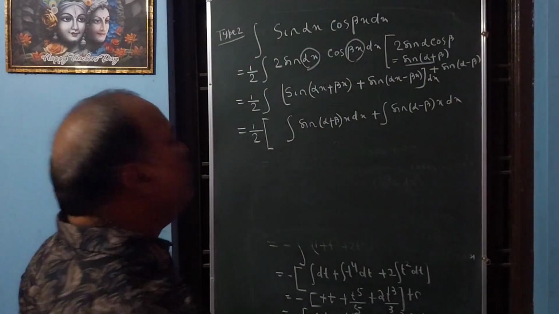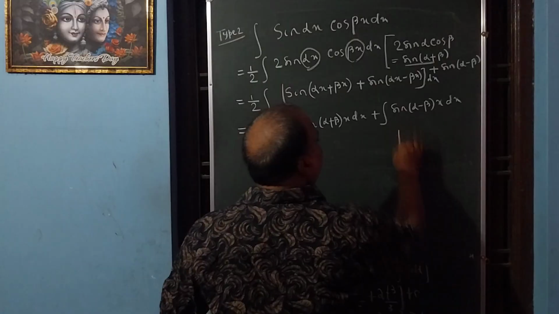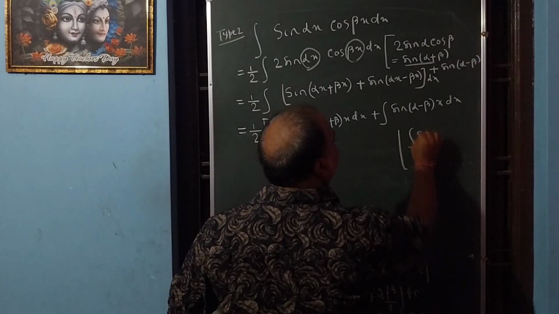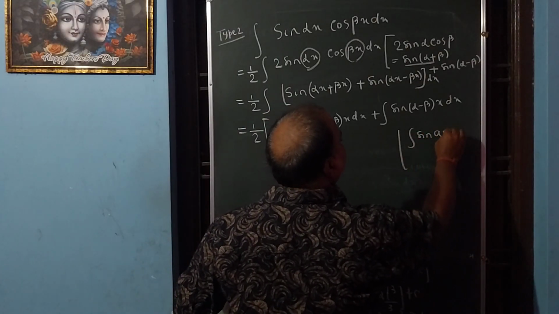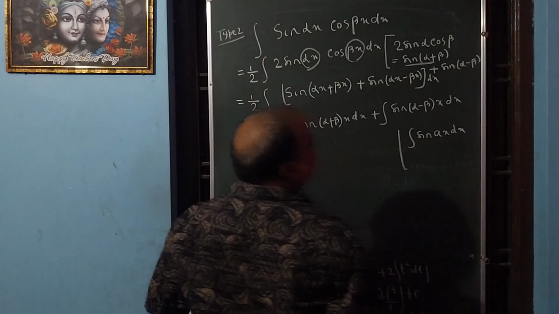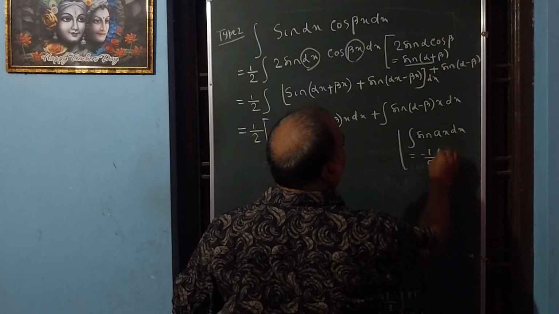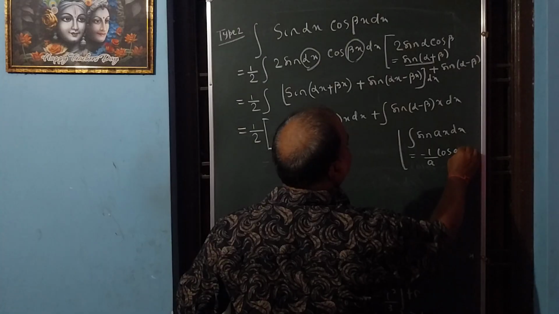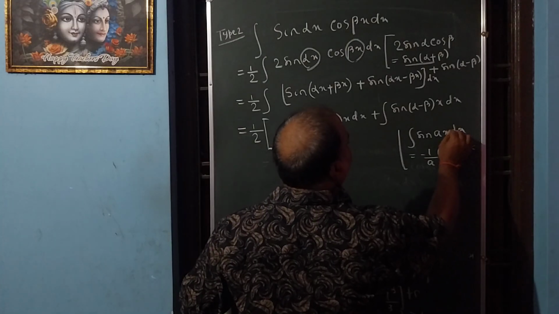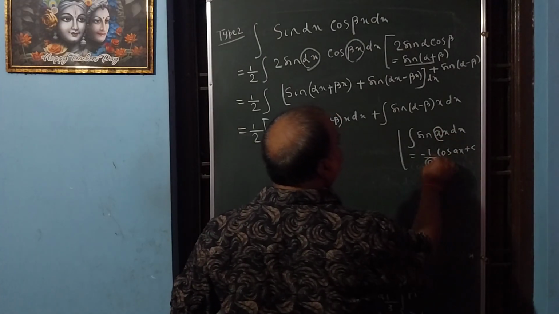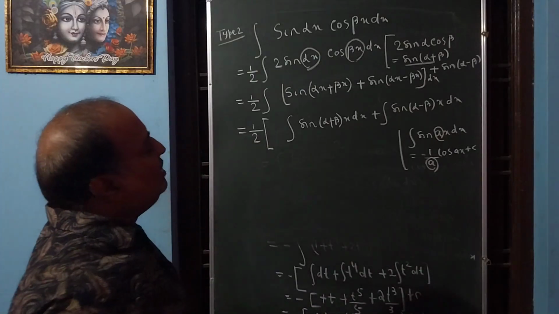Okay, so we know that the integration of sin ax dx is equal to minus 1 by a cos ax plus c. The coefficient of x is divided there, where a is a constant.